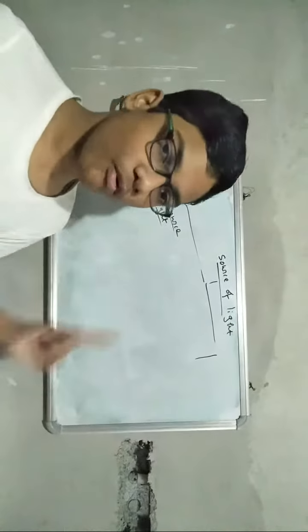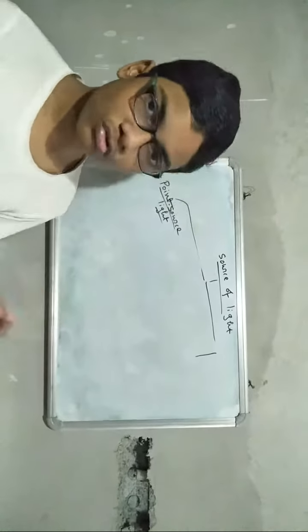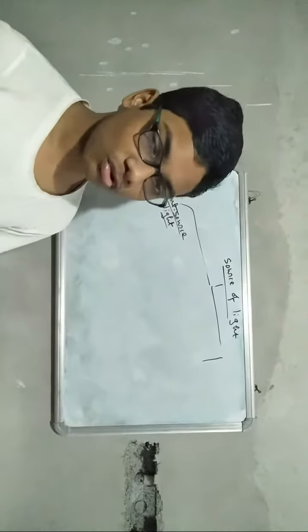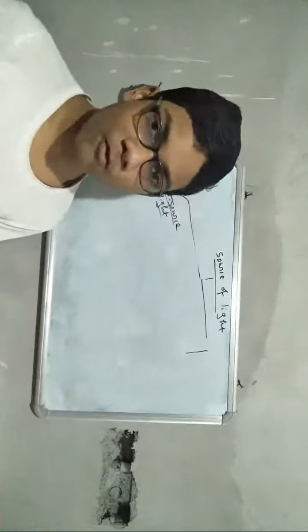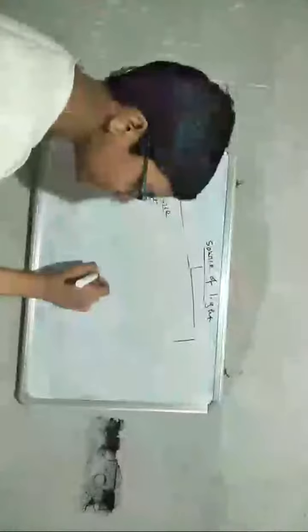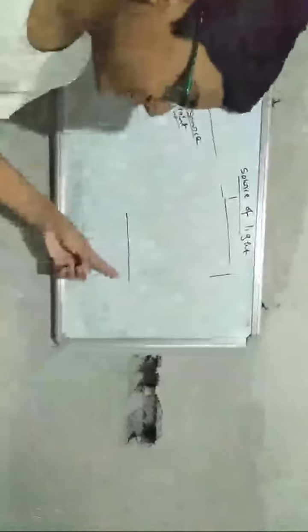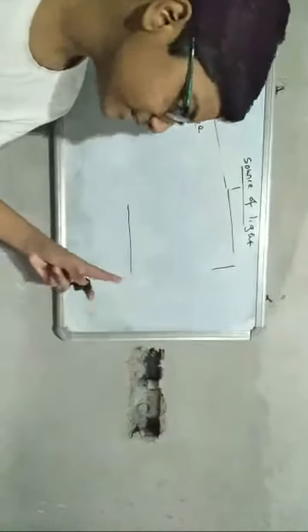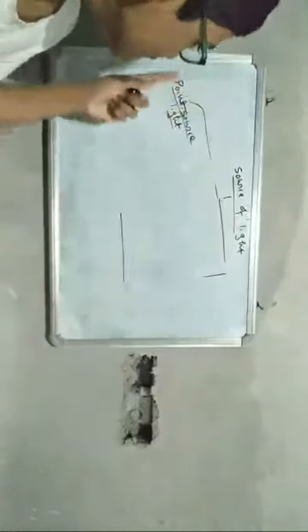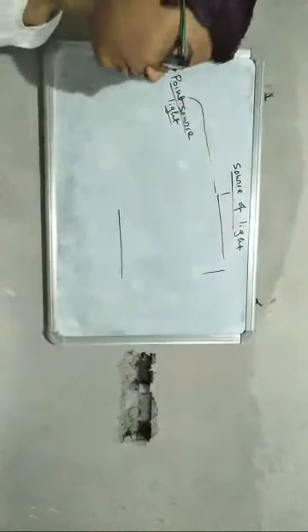So now what is a point source of light? If the source of light is just the size of the tip of a needle, you have seen the needle, and this is like that, even thinner than it. Just a tip of the needle, that much size only the point source of light has to be.